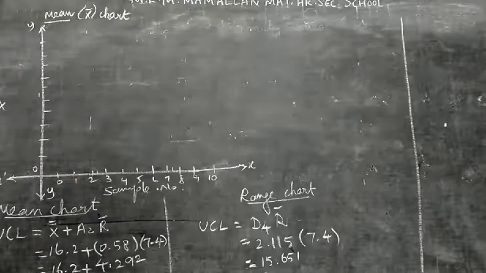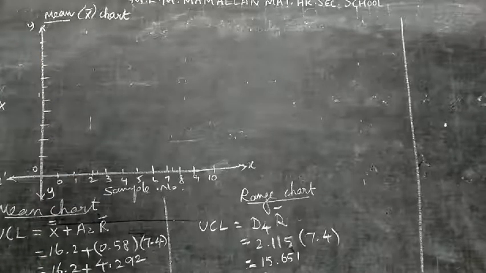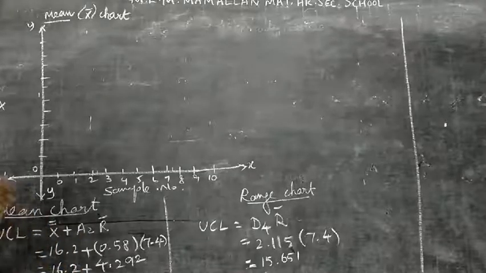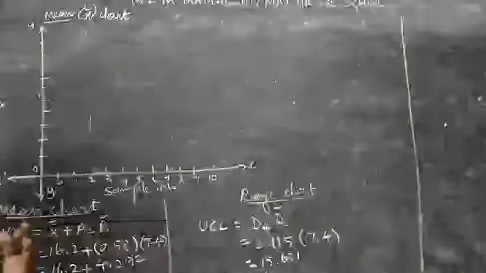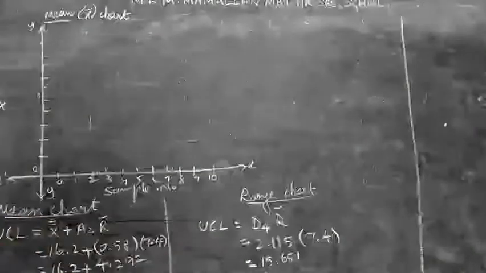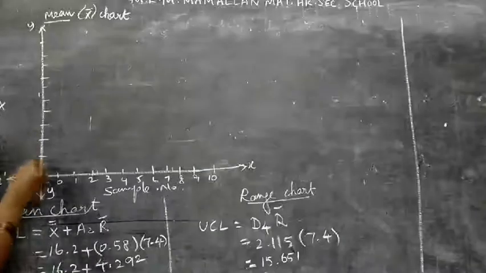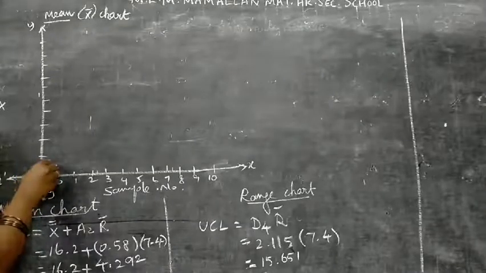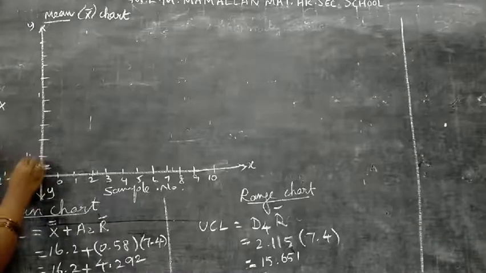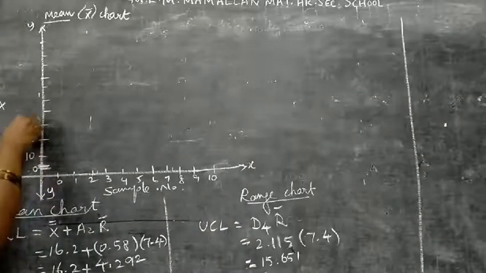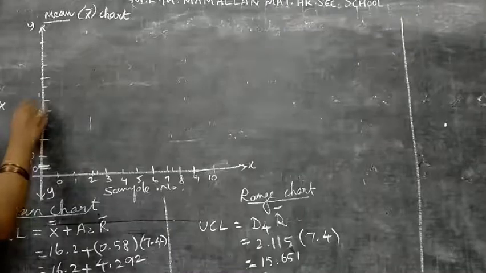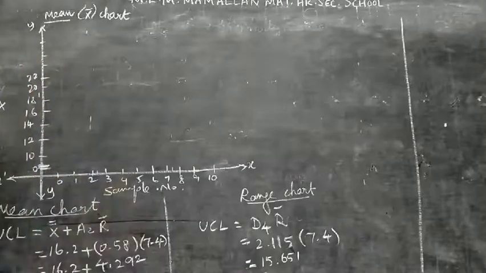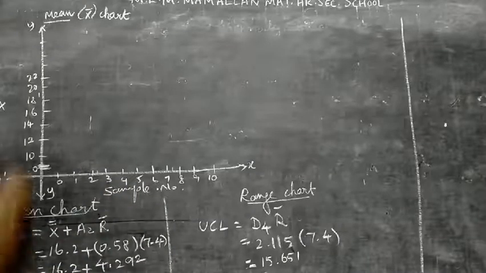And the lower control limit value here is 11.9, but the data in the question starts from 14. So since you are having 11, I am going to start from 10 on the y-axis. Let me give one break here. Now I am going to start from 10, 12, 14, 16, 18, 20, 22. You can give the values like this in the y-axis.